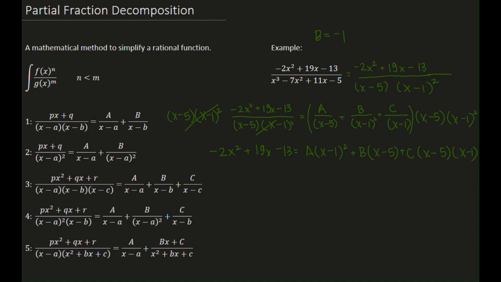I'm going to replace b with negative 1 here by simply adding a negative sign. And now I'm going to set x equal to 5. The left side of the equation becomes 32. The right side becomes 16a, so a equals 2.